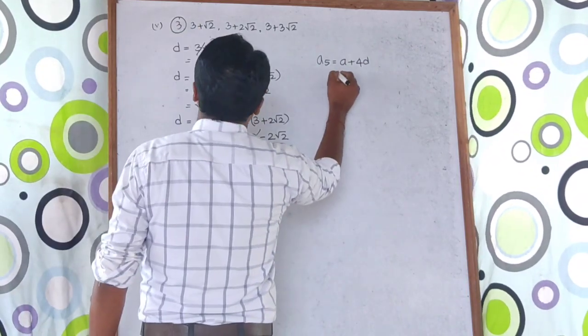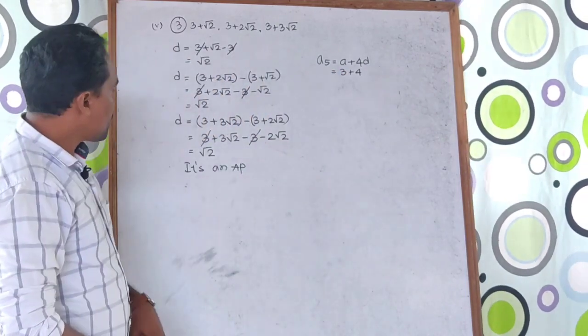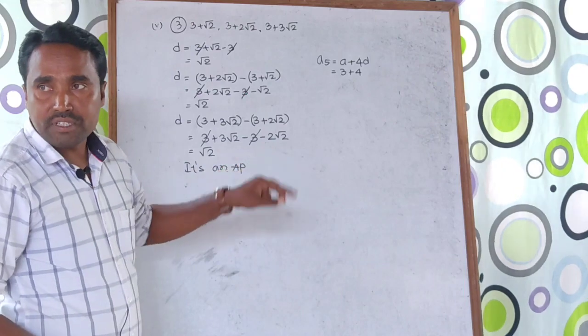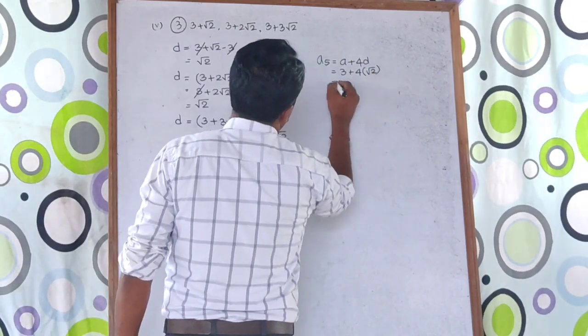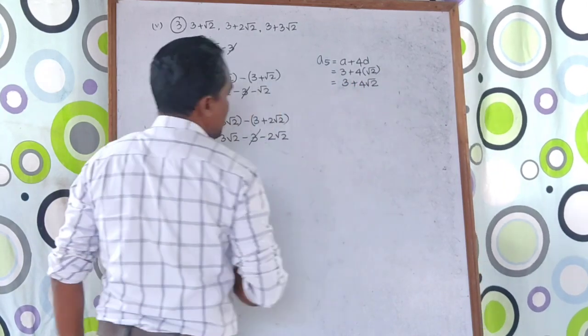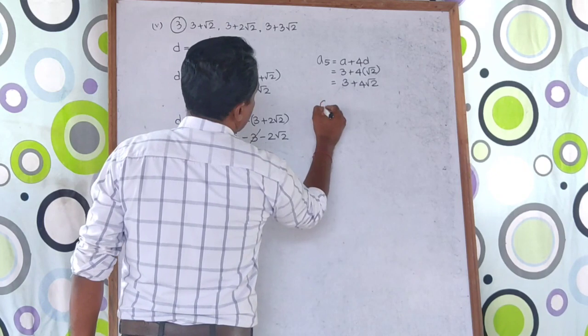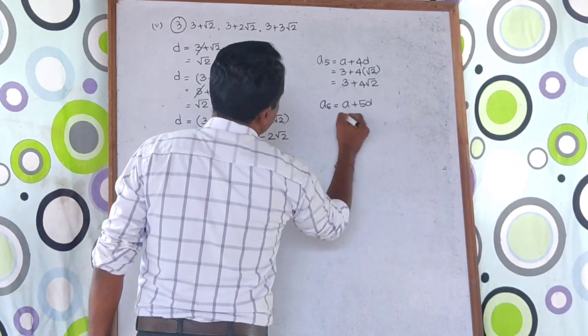Then write down here 3 plus 4D, and D equals root 2. Substituting D equals root 2, 3 plus 4 root 2. Okay, this is the 5th term. 6th term, A plus 5D.